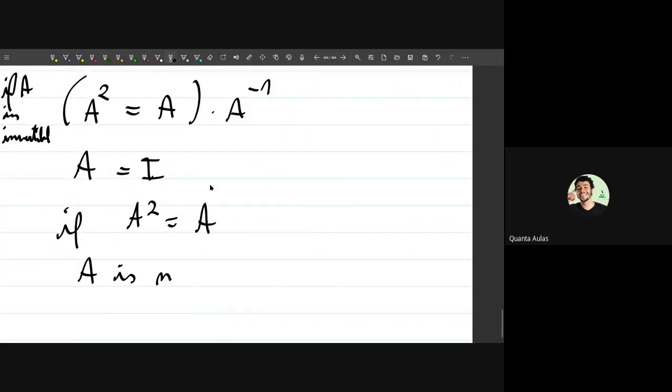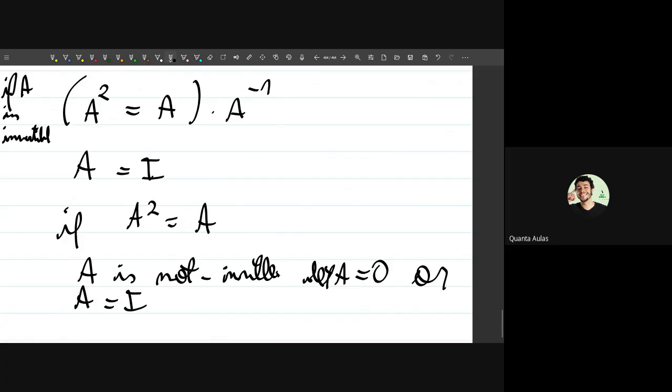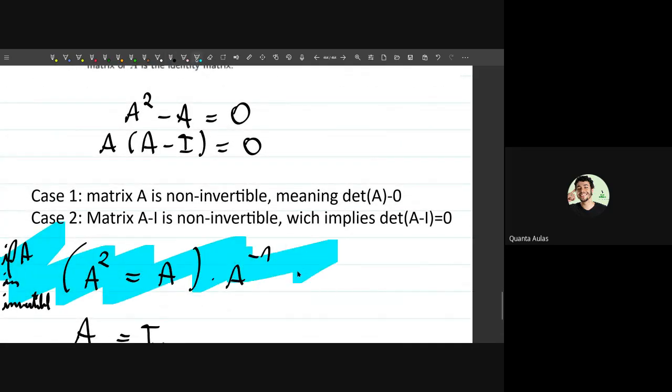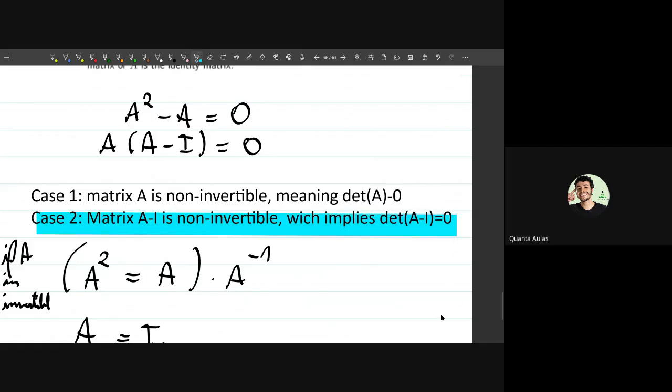A is not invertible, so A equals 0, or, this is important, A equals the identity. Because we did this math considering the second case, when this thing is invertible.